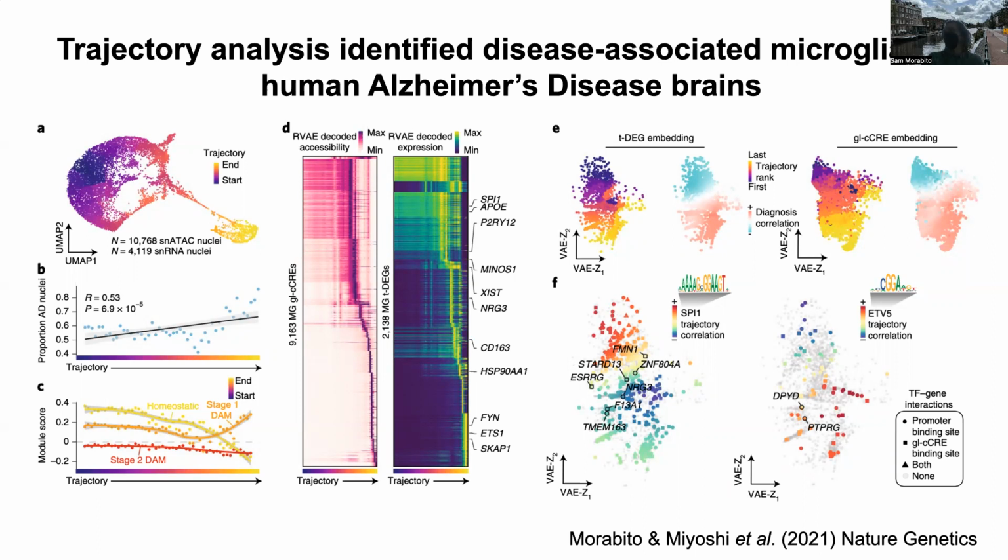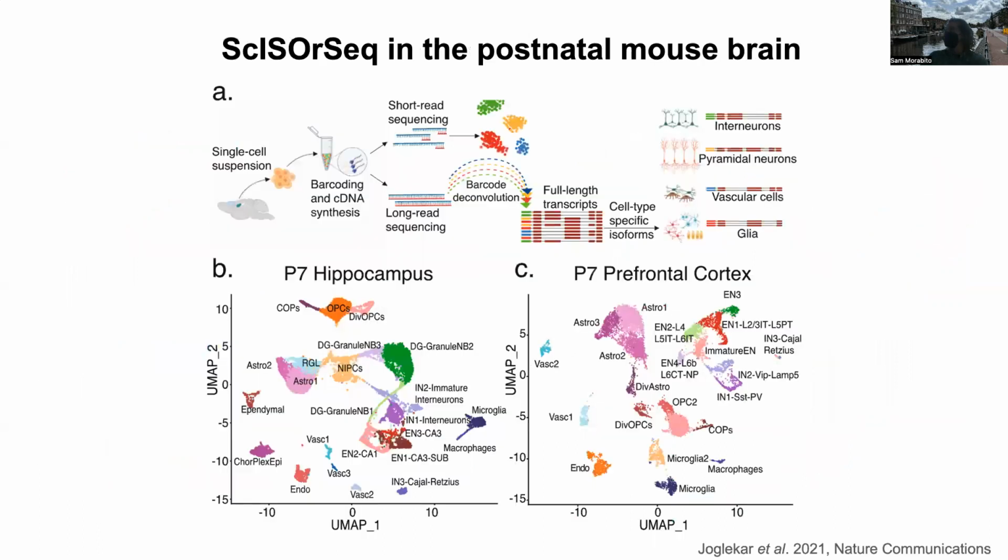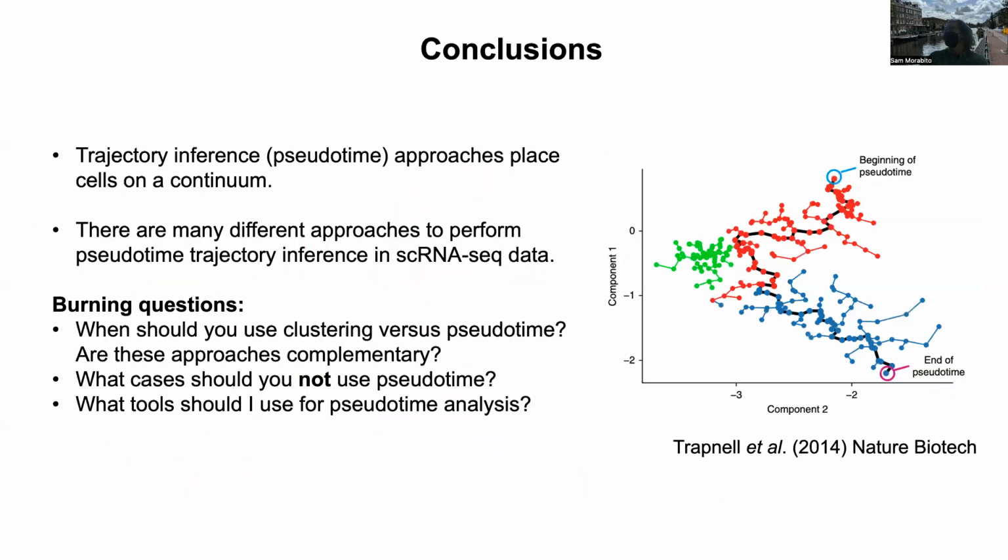The same group that made Monocle made a tool for ATAC-seq data analysis, so they have a tutorial for doing the trajectory analysis on ATAC-seq data. I think for most people it's not useful, but it certainly is flashy.